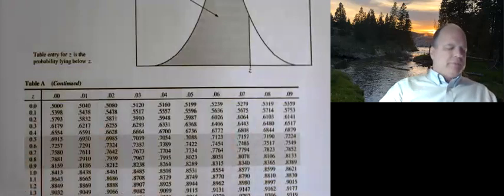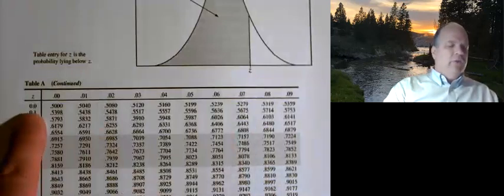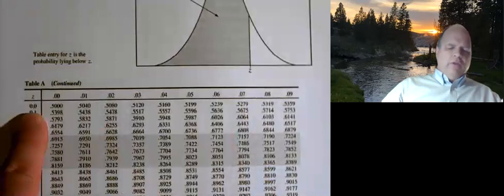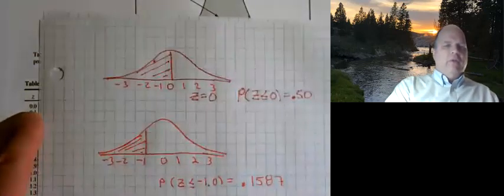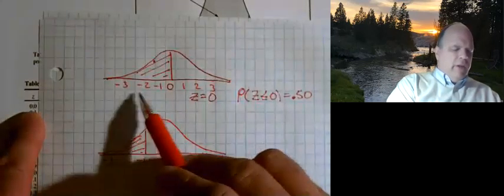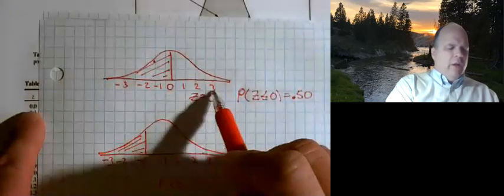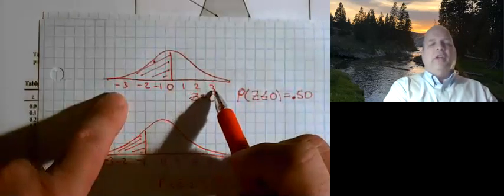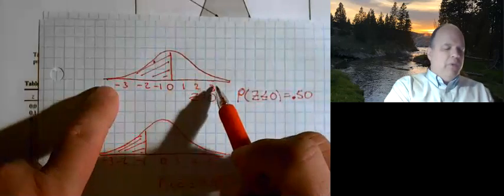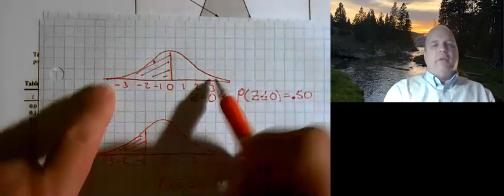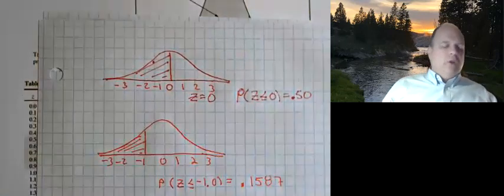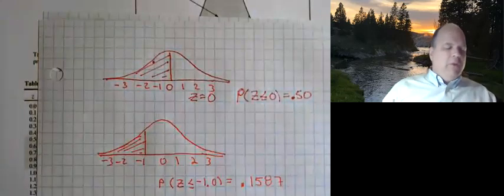So first off, if I had a z-score of 0, that's going to look a little bit like this. We have -3, -2, -1, 0, 1, 2, 3. And I only went plus or minus 3 standard deviations because 99.7% of the data is within plus or minus 3. And I know it's not perfectly drawn, but I do know 0 is always going to be in the middle.